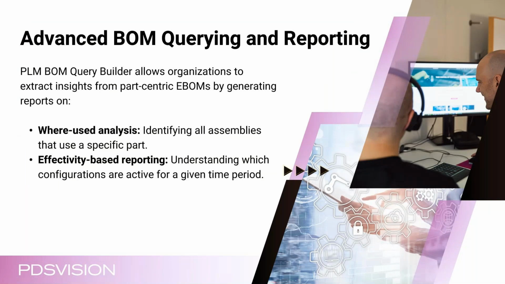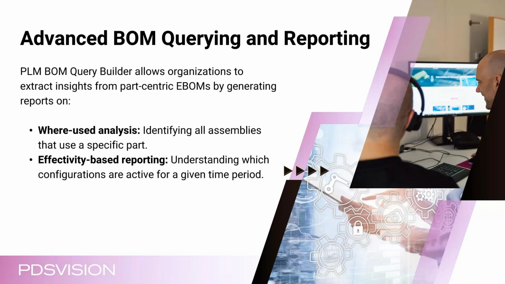Windchill's BOM query builder allows organizations to extract insights from part-centric EBOMs by generating reports on where-used analysis, identifying all assemblies that use a specific part, and effectivity-based reporting, which is understanding which configurations are active for a given time period. Now, this is obviously crucial when it comes to configuration management.